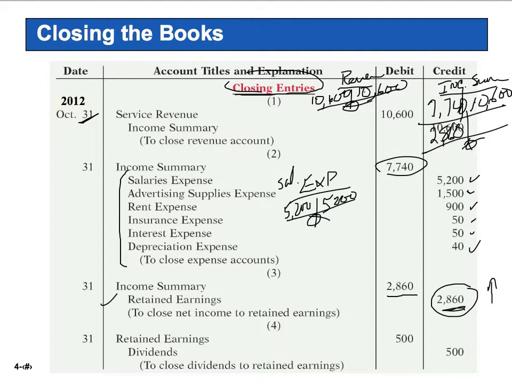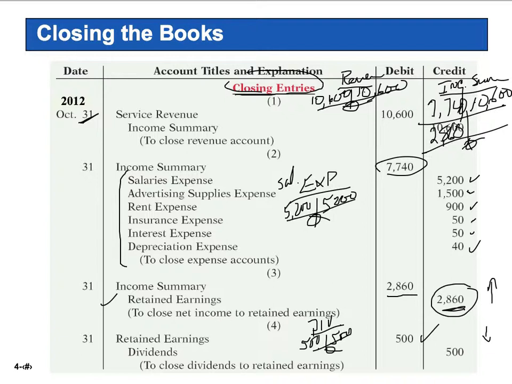The last thing is we have our good old friend dividends sitting there. It has a debit balance of $500. I make a journal entry. I credit it $500 to make that 0, and I debit retained earnings, bring it down by the amount of dividends. So when I'm finished, all I have left, I have no revenue accounts, I have no income summary accounts, I have no expense accounts, and I have no dividends.